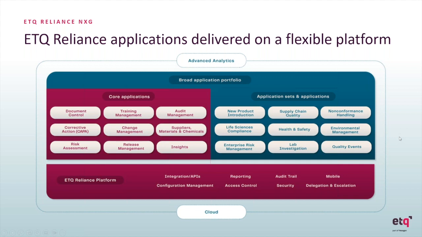We use our own configuration tool called the ETQ Designer to do those configurations. So even though we have our development team making these apps, we have pre-documented specs from the past 30 years or so of working with customers for what best practices look like based on their processes. So we use our own designer tool to pre-configure and then package the applications as you see listed here.